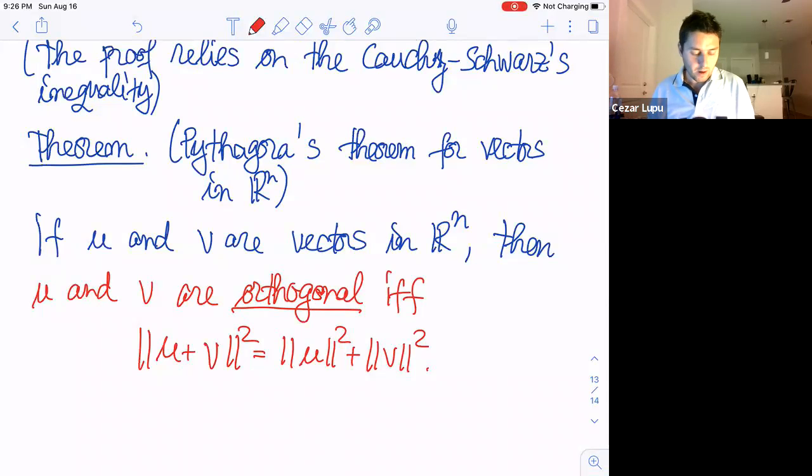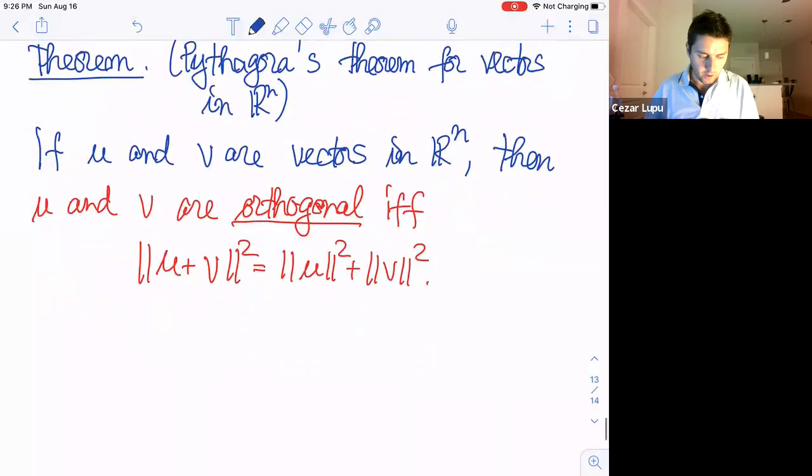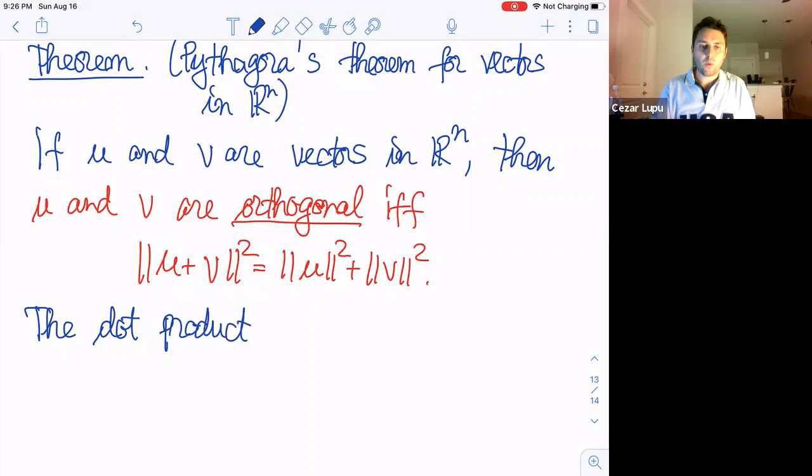Okay, and now the last thing that I would like to mention, and then I'll give an example and stop here for today, is how the dot product is related to matrix multiplication.